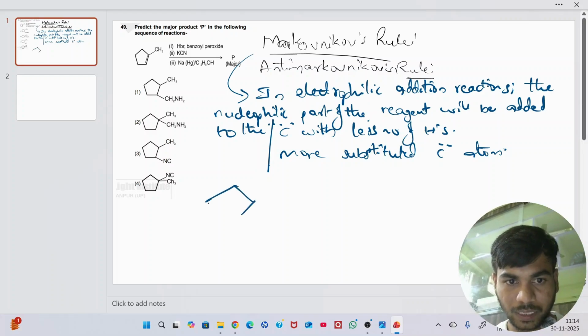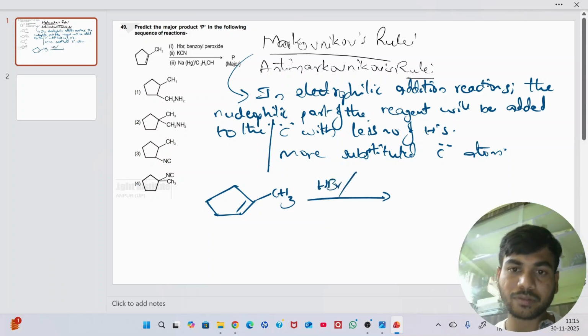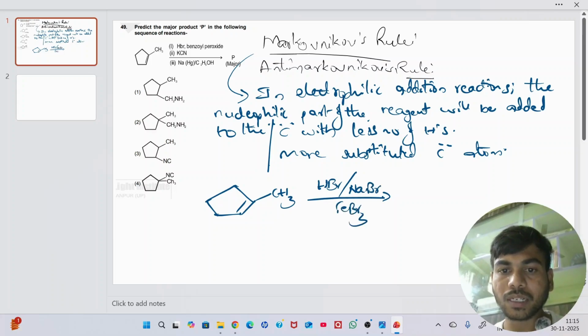Let me give a simple example for this statement. For the same reaction given in the question, 1-methyl cyclopentene is reacted with HBr in the presence of sodium bromide or FeBr3, where from hydrobromic acid you will get H plus and Br minus.